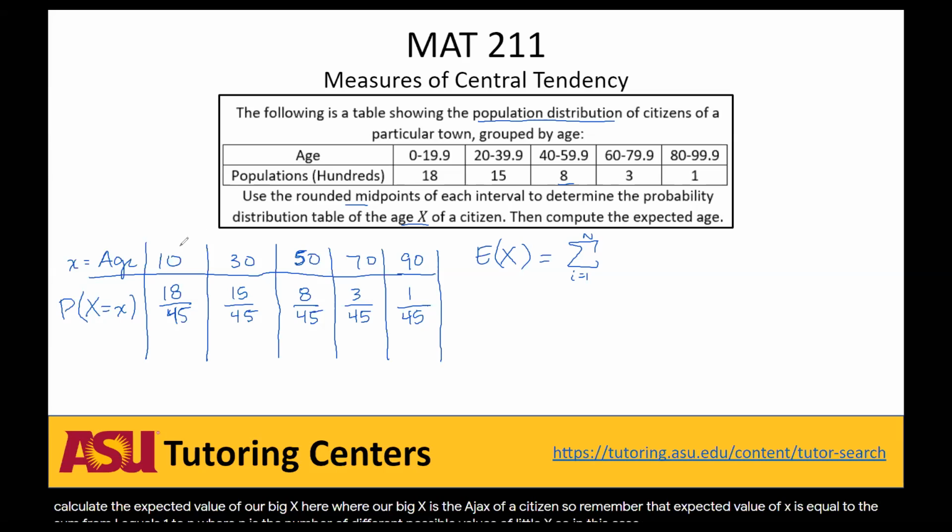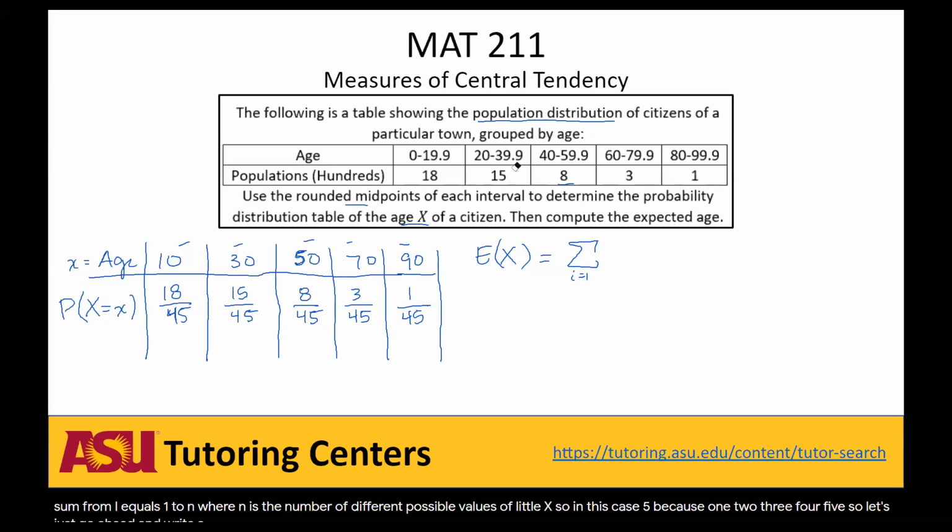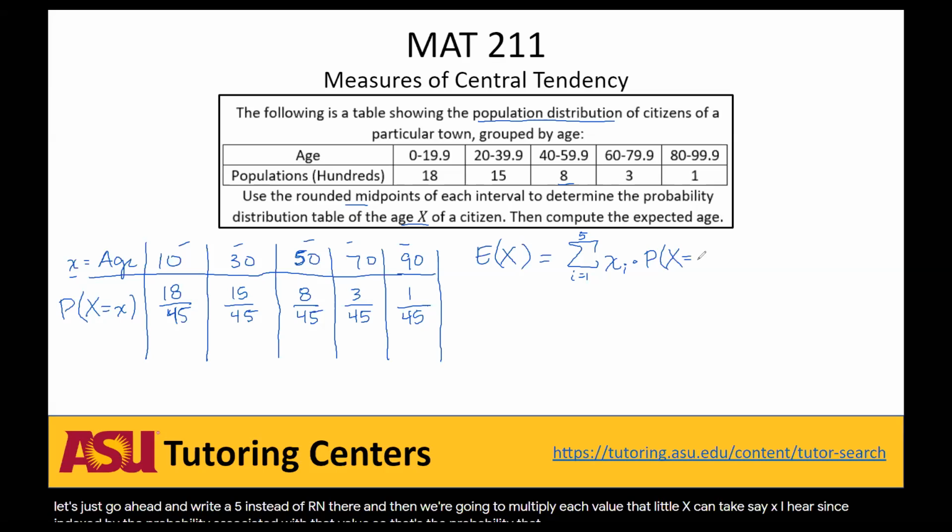So in this case, 5, because 1, 2, 3, 4, 5. So let's just go ahead and write a 5 instead of our n there. And then we're going to multiply each value that little x can take, we'll say xi here since it's indexed, by the probability associated with that value. So that's the probability that big X is this small value xi.